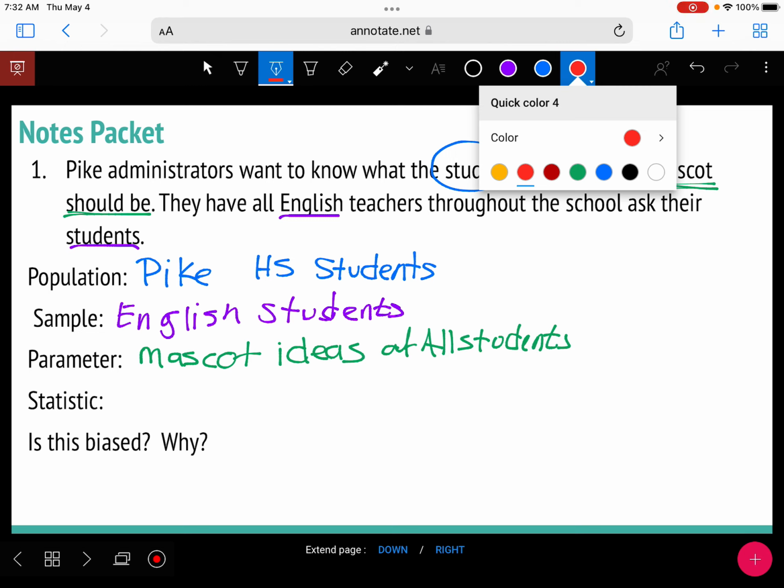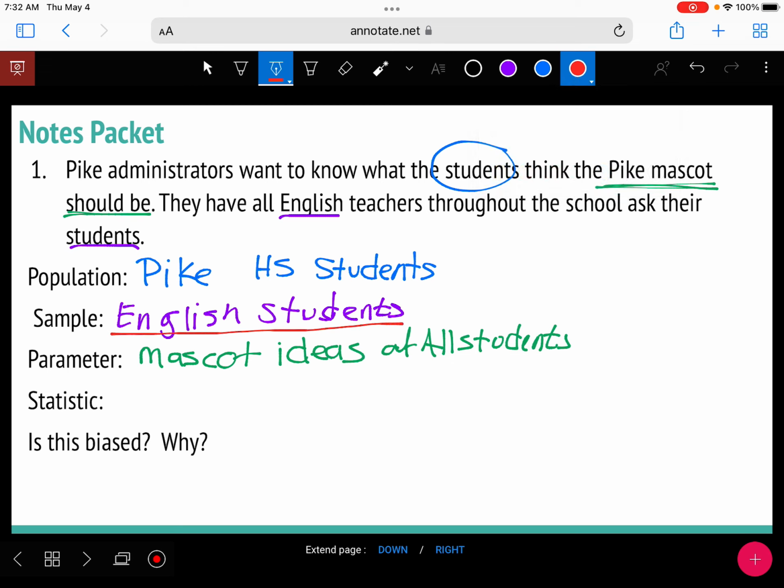The statistic that we get is these guys, English students' mascot ideas. So we get information about our sample. It's ideally the same kind of thing. So we wanted to know about the mascot from everybody. We found out about what they want for mascots.